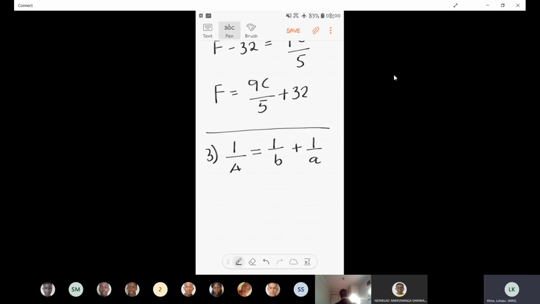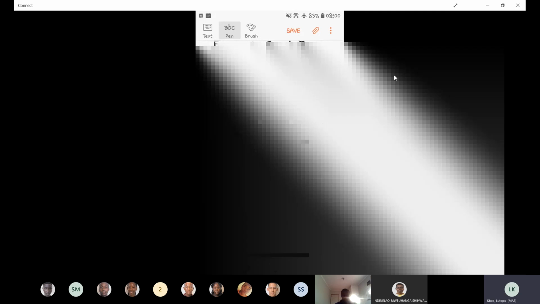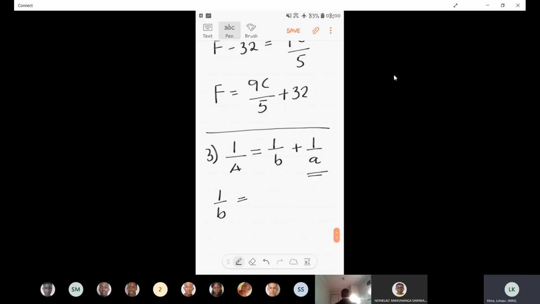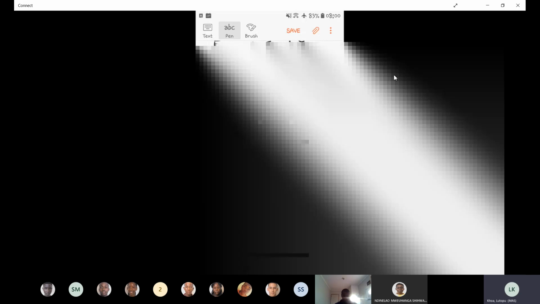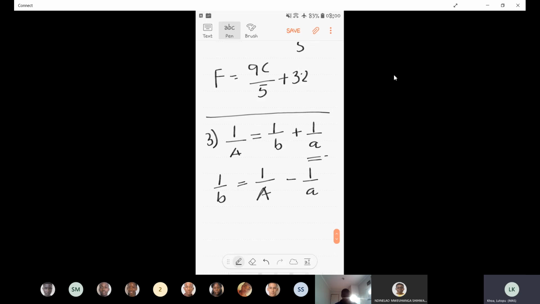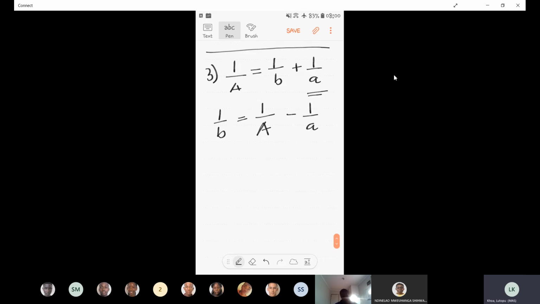So what I will do is this 1 over A, I can take it to the other side. So I have 1 over B is equal to 1 over a minus 1 over A. And then I will combine those two, similar to one that I did previously. So I combine the fractions.